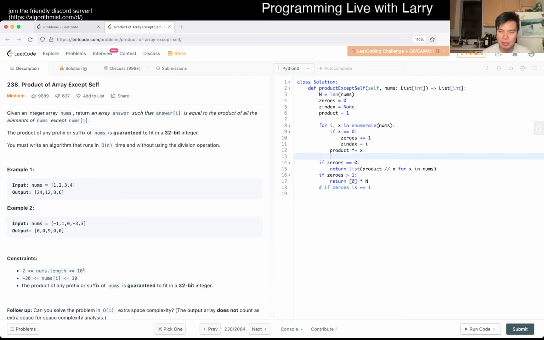If zeros is equal to 1, then that means this is only accurate once. Then every number is zero, so we want the answer to be 0 times n of these, and then the answer at z index is equal to the product of the other numbers. You could write it another way. I'm just trying to write this to be as clear as possible, because you can probably do it in a cleaner one-liner.